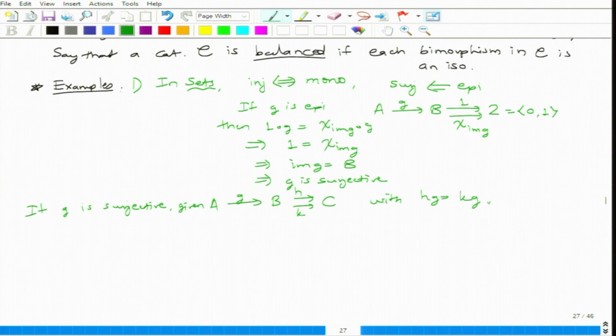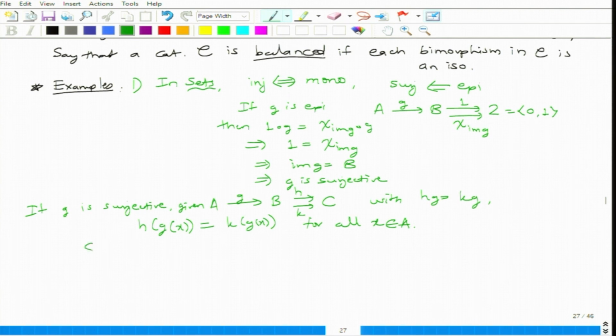Whenever this is given, what do you know? Just write it down: H of G of X is equal to K of G of X for all X in A.